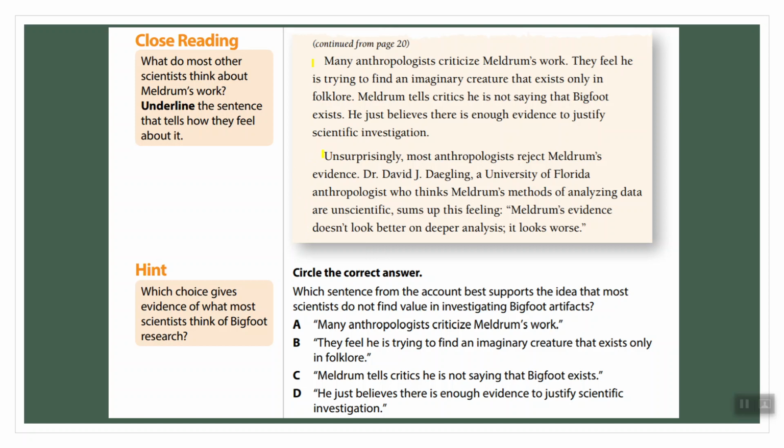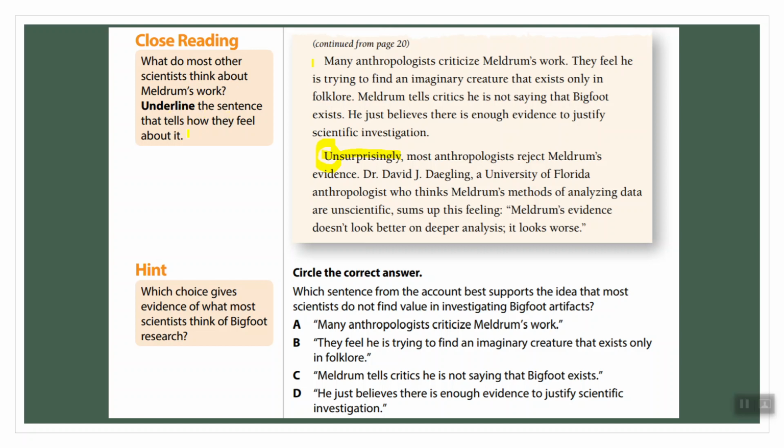All right, let's take a quick peek at some words. I noticed this word, unsurprisingly. This has a prefix that we've talked about before. Un means not. So unsurprisingly means not surprised. So not surprisingly, most anthropologists reject Meldrum's evidence. The close reading says, what do most other scientists think about Meldrum's work?